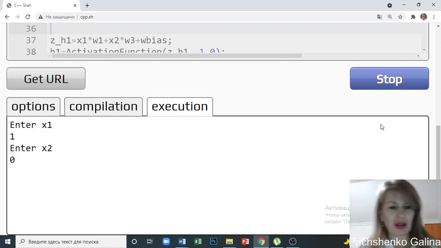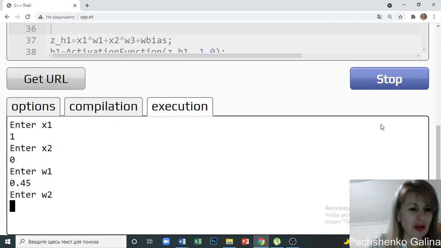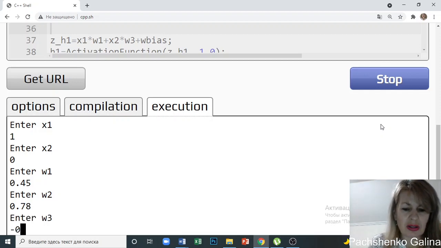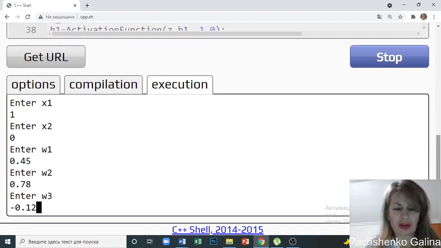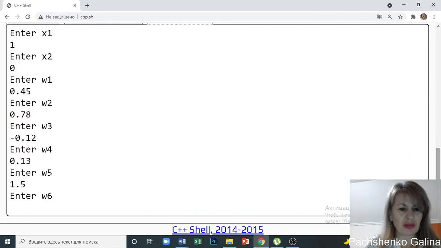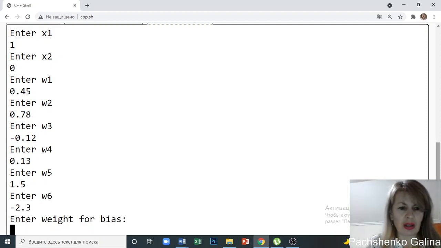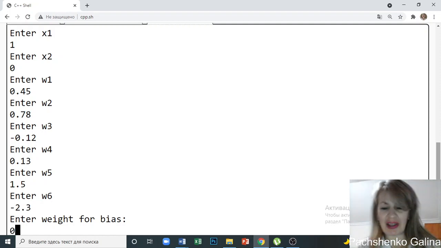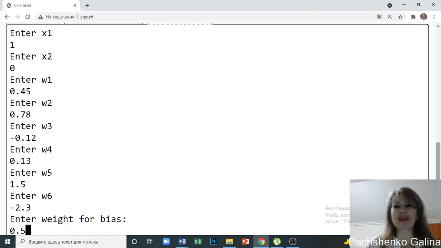So this value, then 0, then minus, let's shift, enter, and for 0.13, then 1.5, let's see, then minus, yes, and it will be like this, and now it shifts.